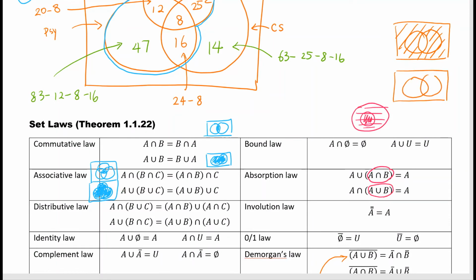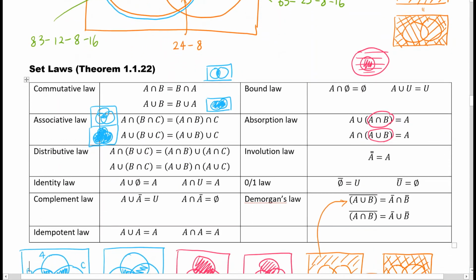A complement is outside of A, and B complement is outside of B. When we take the union, it is any region that is shaded. Then you can see they are actually equal.